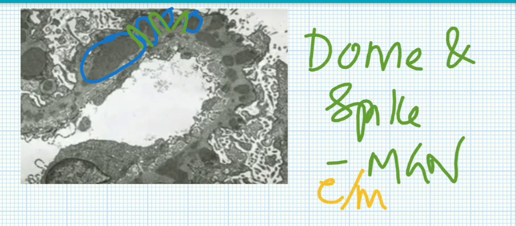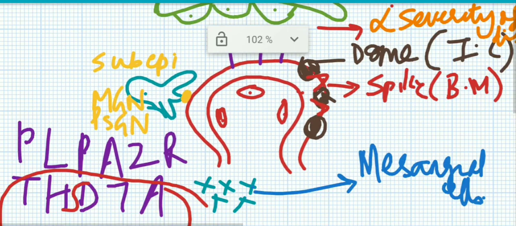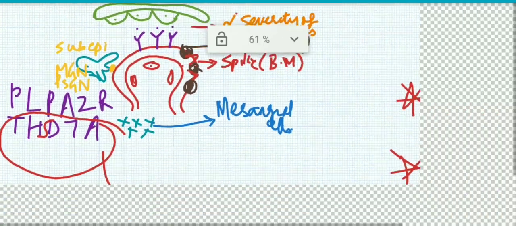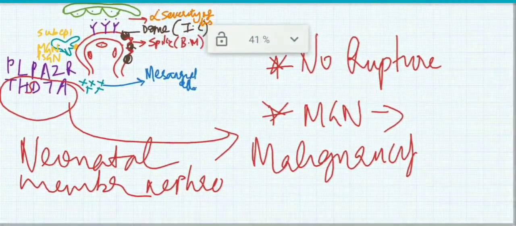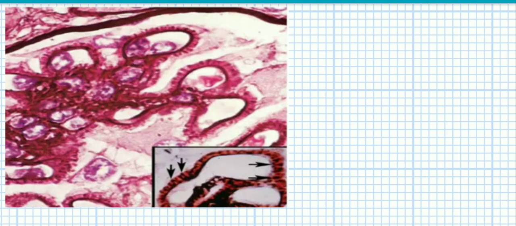Now, when you get a question like which investigation best shows the dome and spike or spike and dome appearance, the answer will be light microscopy. When the question is where you can get the best representation of this spike and dome appearance, the answer is light microscopy.